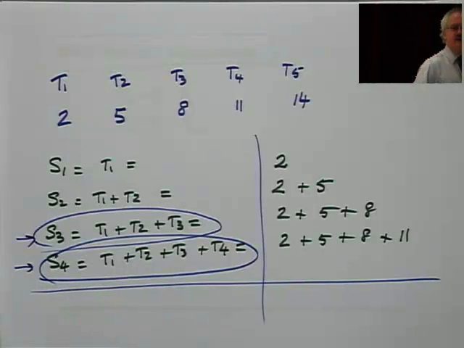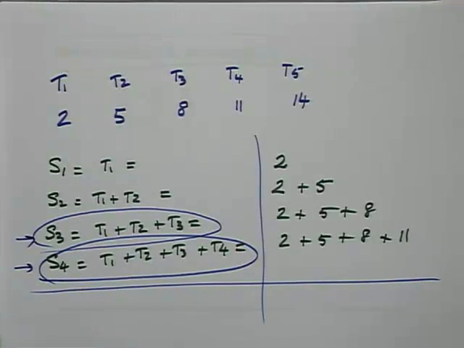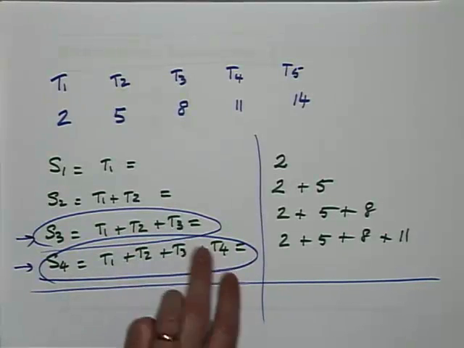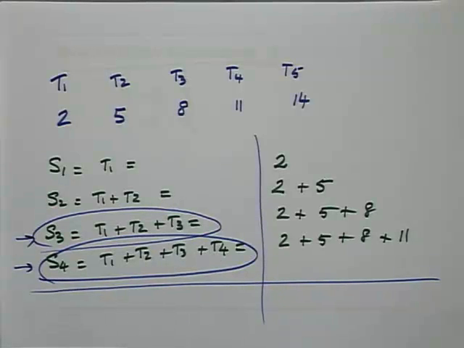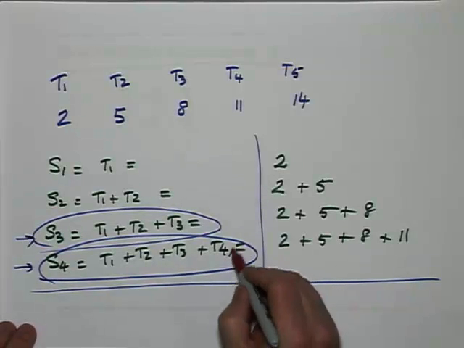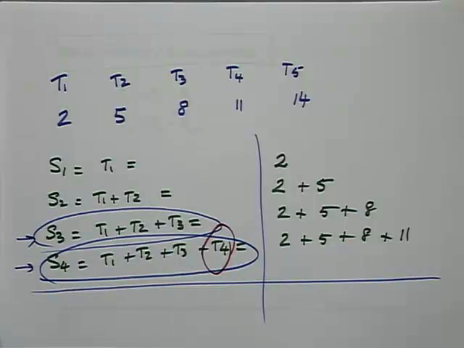What's the difference? What's in this row that's not in this row? It's like you spot the difference. This is the only thing that's different, isn't it? So this one has a T4 and this one doesn't. Is that okay?